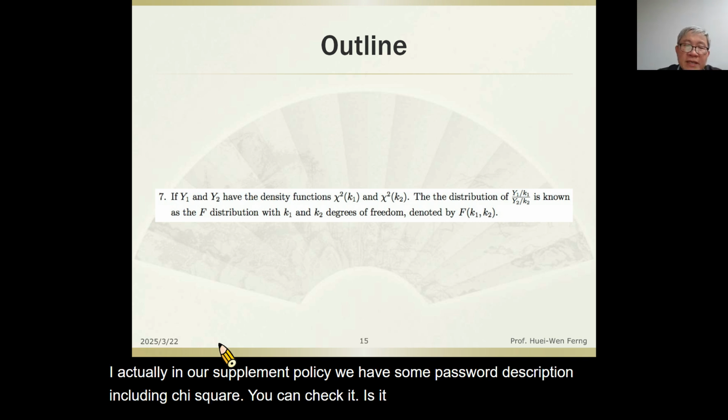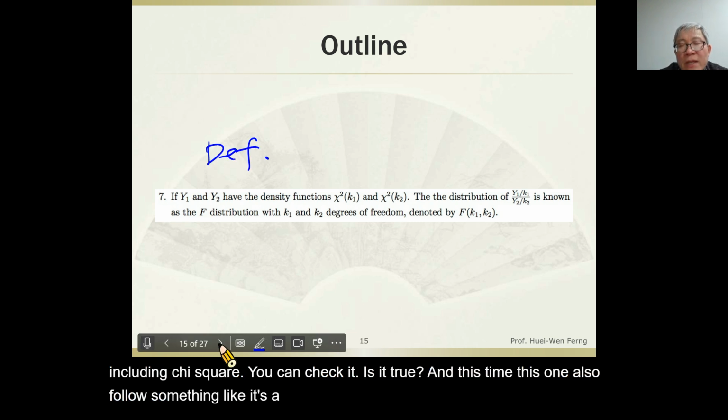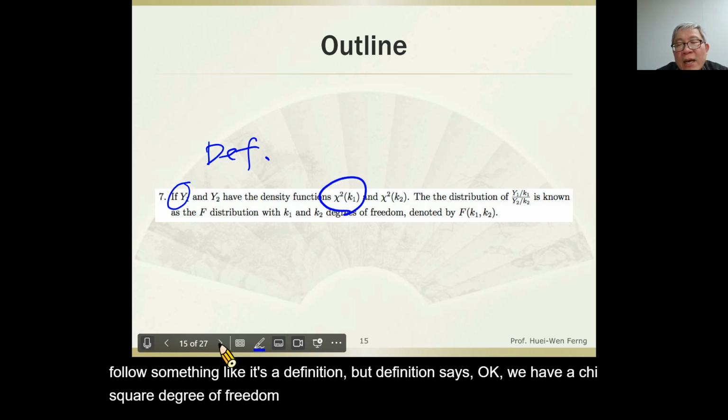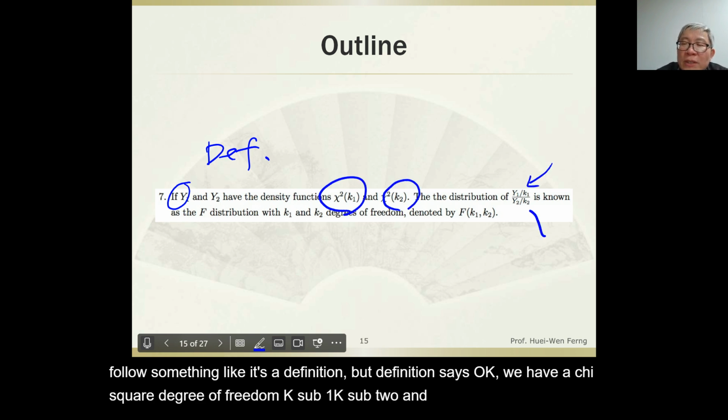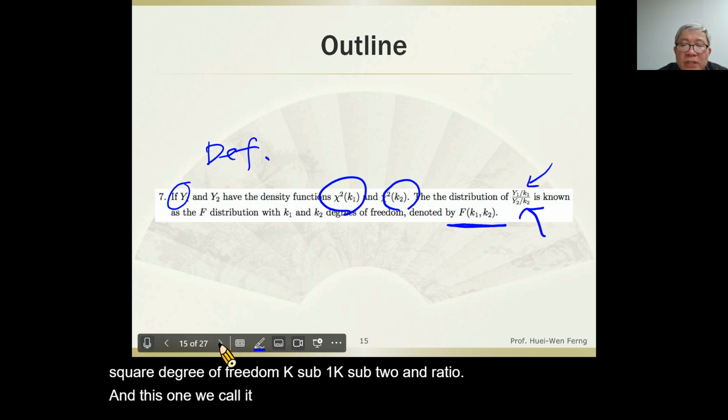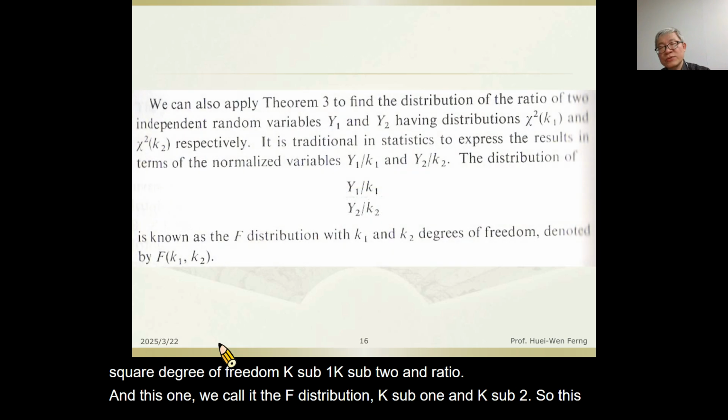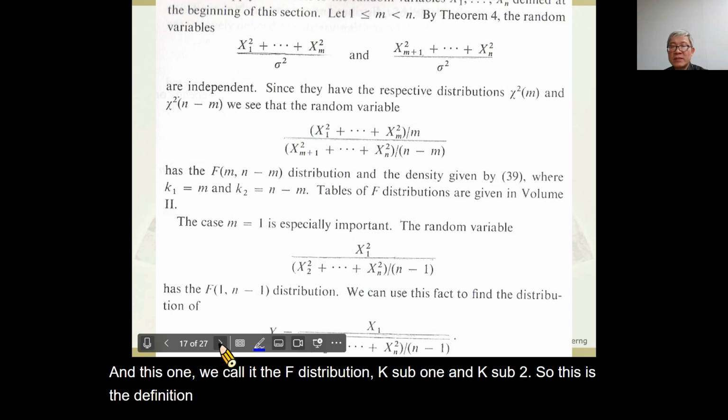And this time, this one also follows something like a definition. The definition says we have chi squares with degrees of freedom k sub 1 and k sub 2, and their ratio. This one we call the F distribution, with k sub 1 and k sub 2. So this is a definition, and I skip it directly.